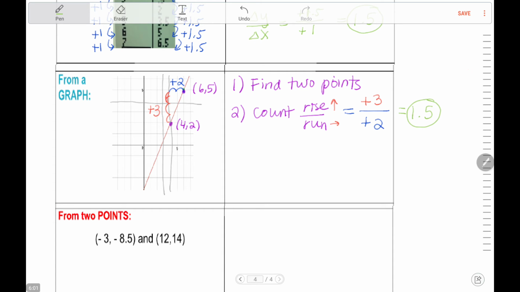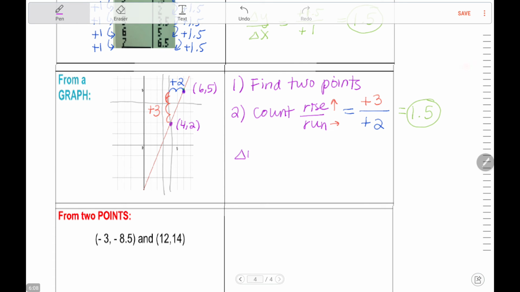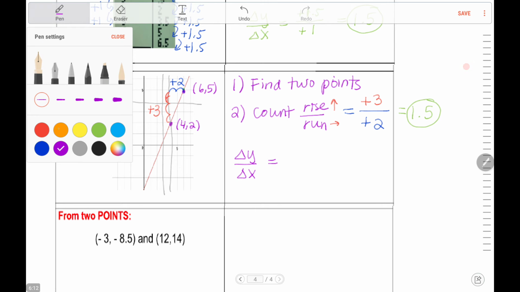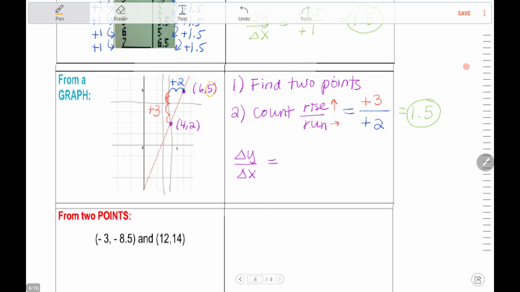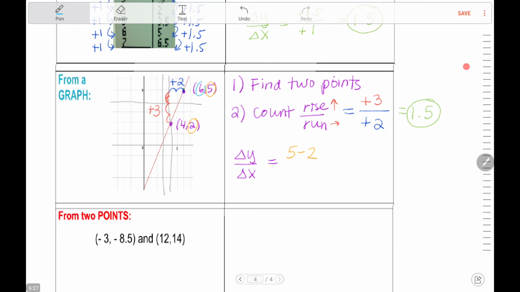Okay? Another way we can do it is by using our coordinates. So I could have done the change in y over the change in x by subtracting our y values. If I make my y values in orange, 5 and 2, I'm going to subtract 5 minus 2. And then I have to make sure it corresponds. So if I started with this coordinate, I'm going to start with this one. 6 minus 4.